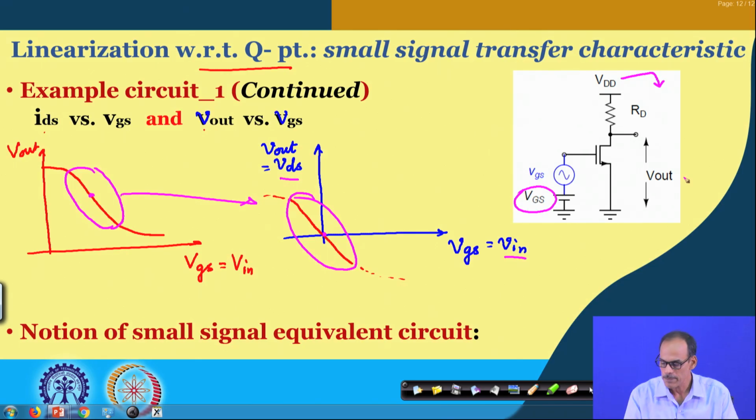To get that, the circuit wise what we are doing is, whenever we have this device, we may simplify that circuit in terms of the small signal. So, the current here, instead of capital I d s, we may say is small I d s as a function of small g s.